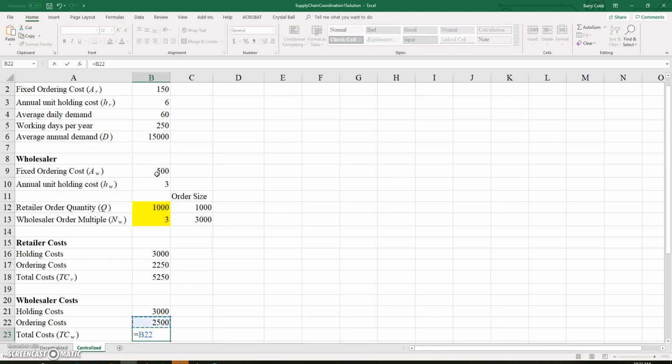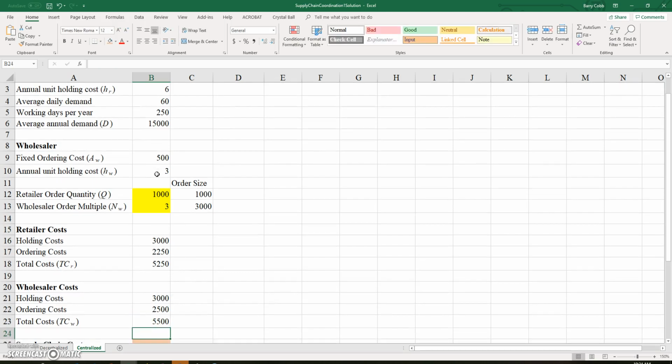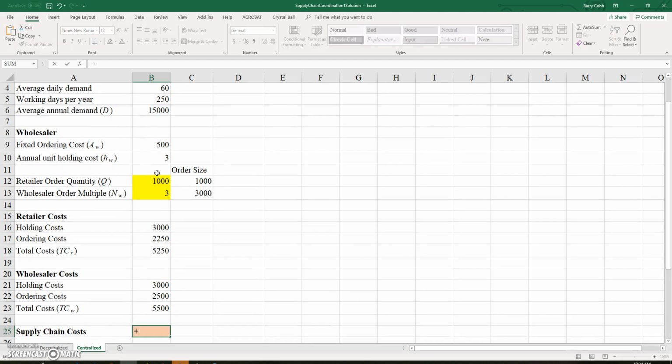Total costs for the wholesaler are the holding cost plus the ordering cost. The supply chain total costs are total costs for the retailer plus total costs for the wholesaler.